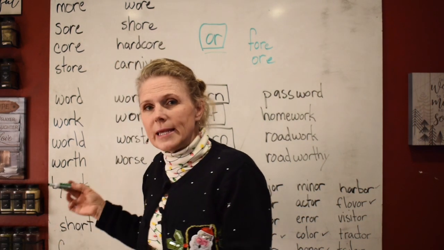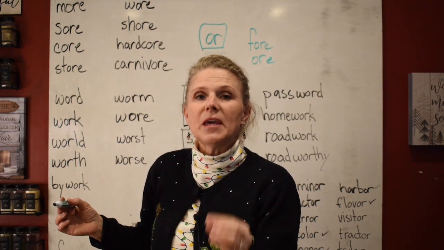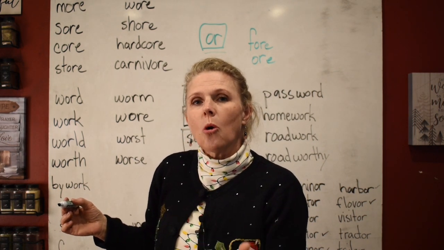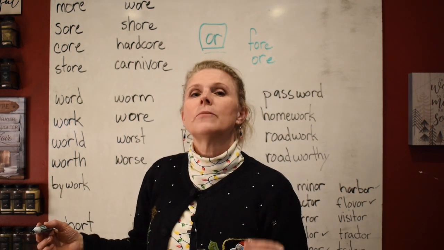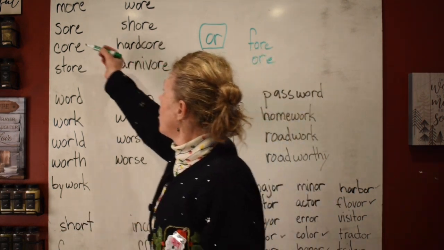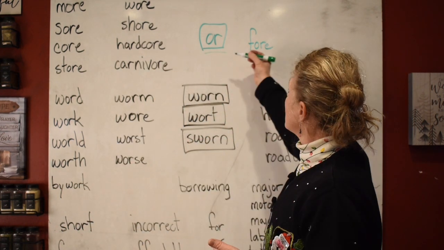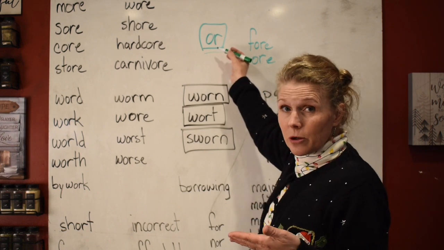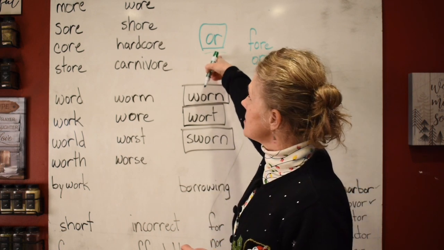O-R-E at the end of a word is or. So if you hear or at the end of a word, spell it O-R-E most of the time. So if you're guessing, then you're going to guess O-R-E. If you're reading, O-R-E reads or. Now, O-R at the end of a word also reads or, but there are very few like this.